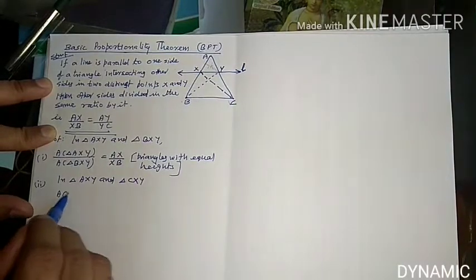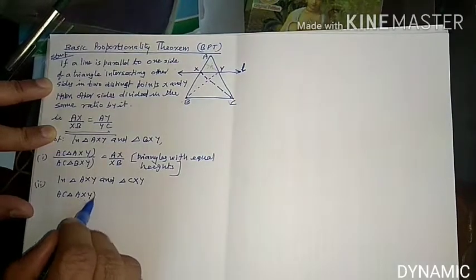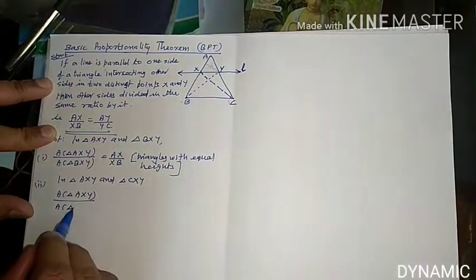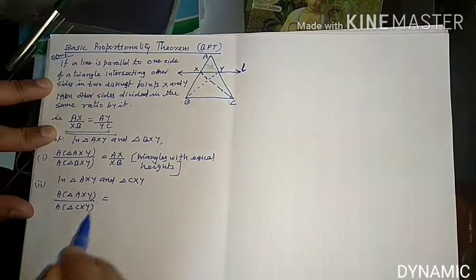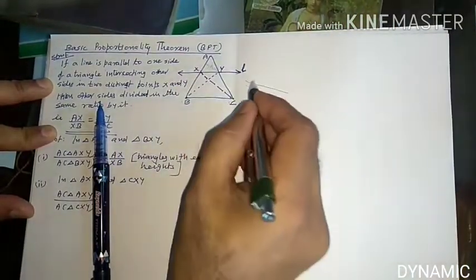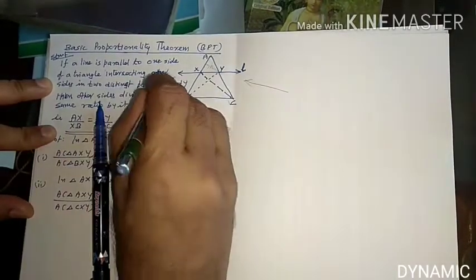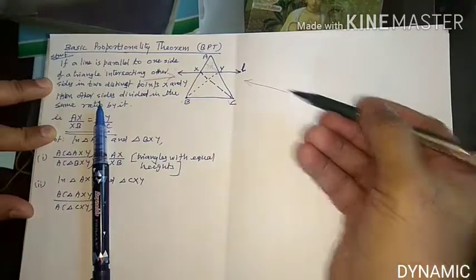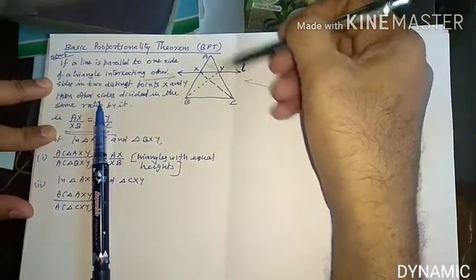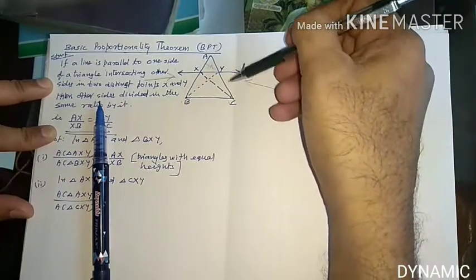Here also, area of triangle AXY upon area of triangle CXY equals... now the bases are from this side. Earlier we tried from that side first; now we are trying from this side. Bases are AY and YC.